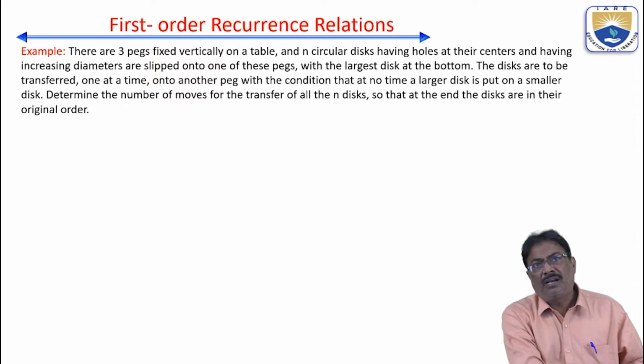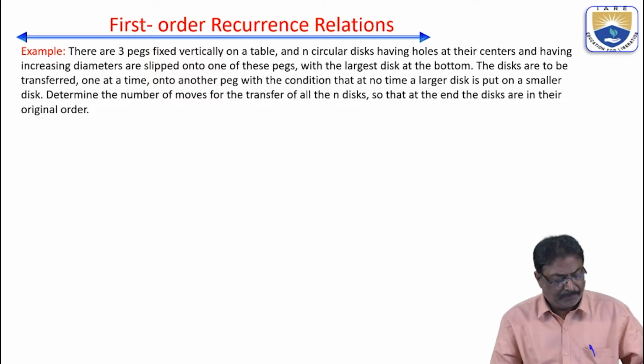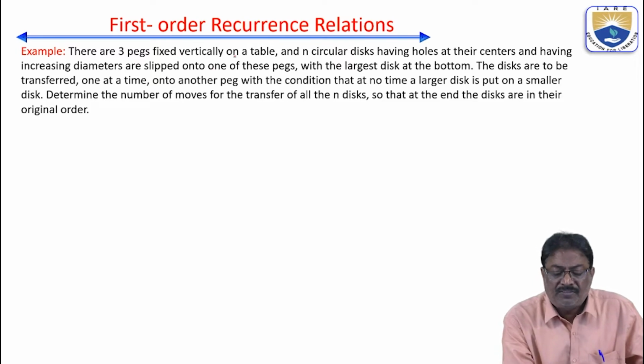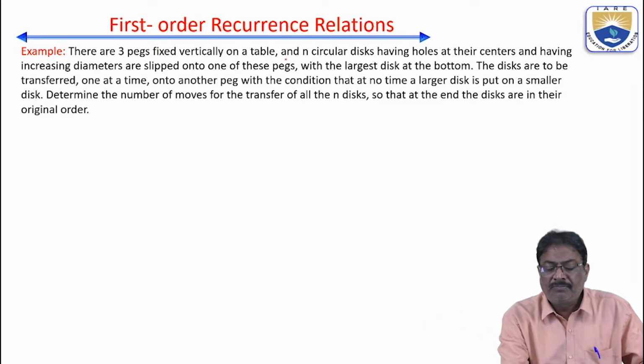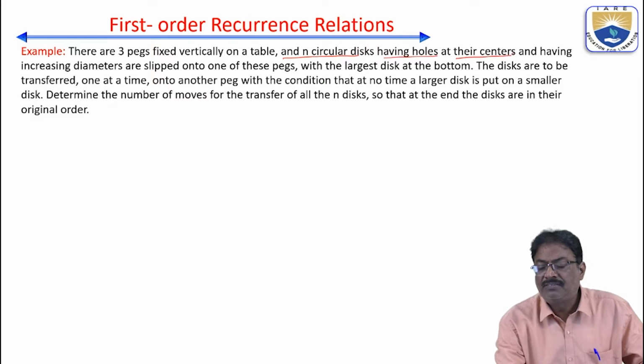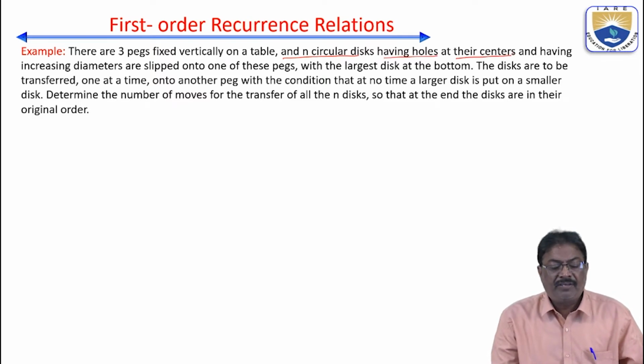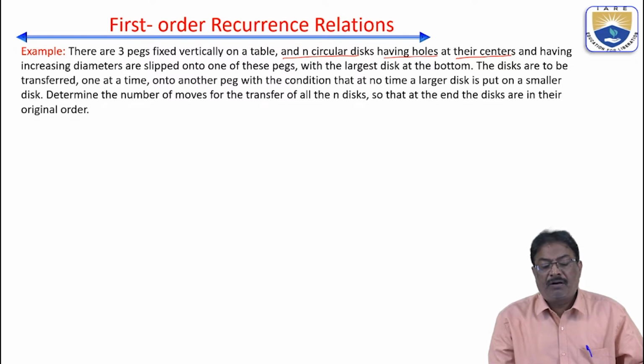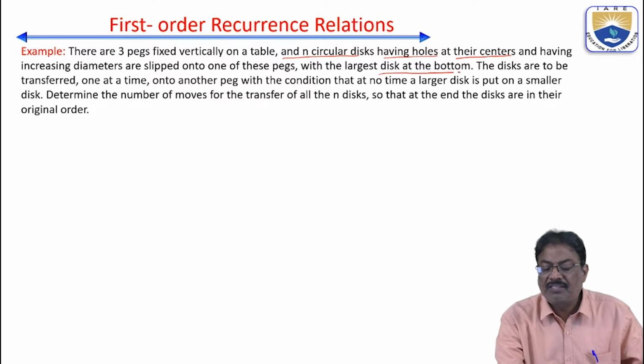There are three pegs fixed vertically on a table, and n circular discs having holes at their centers and having increasing diameters are slipped on one of the pegs, with the largest at the bottom.